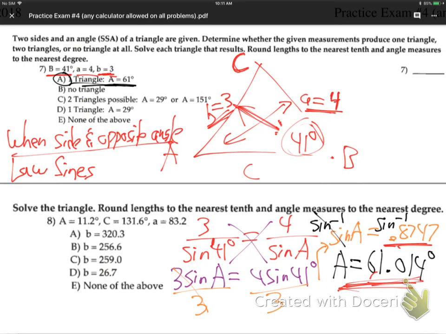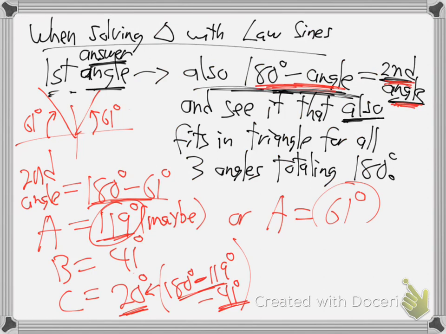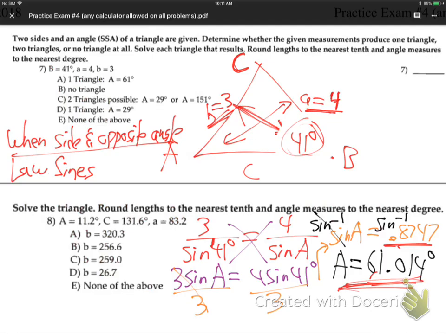So what about the choices? Let's go back and look at the choices. We have our answer now. Everybody good on the answer? A can be 61 or 119. They both fit. So, one triangle with A 61? No, there are two triangles possible here. No triangle? No, that's not right. Two triangles, A is 29 and 151?